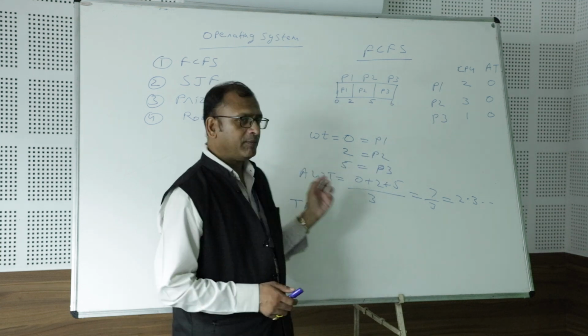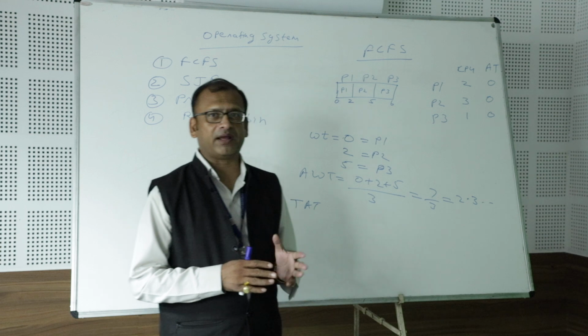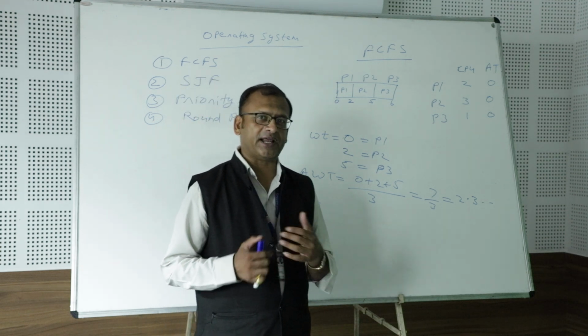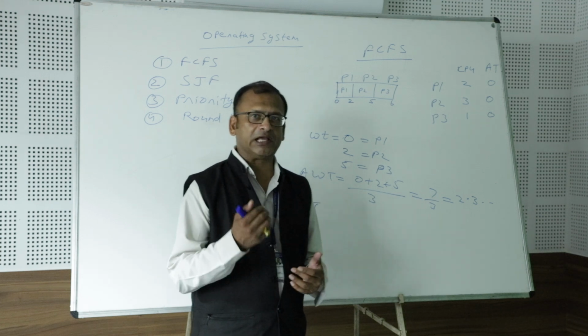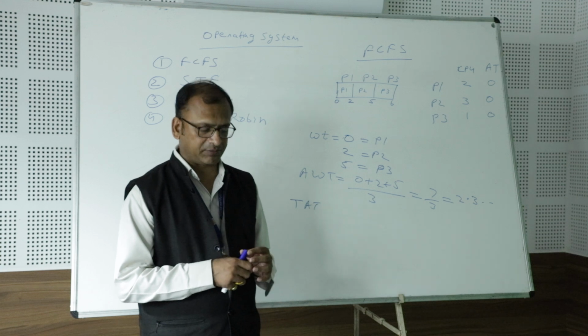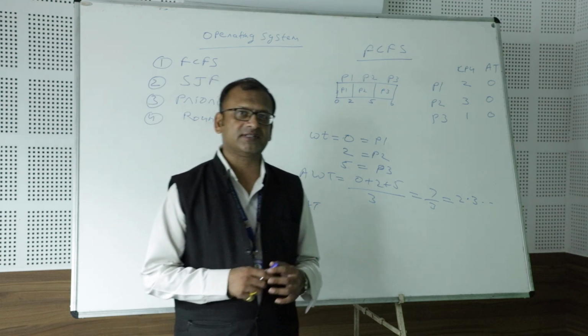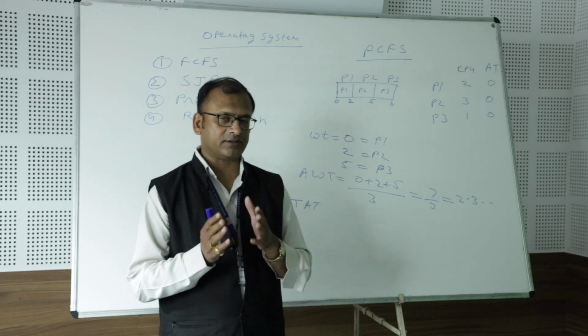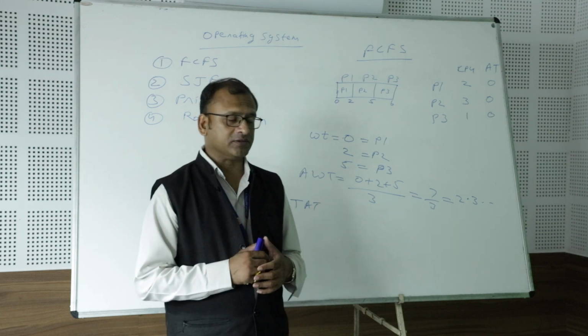So now we will be calculating the waiting time and the turnaround time for all these scheduling algorithms, and we will be trying to find out which scheduling algorithm gives us the least waiting time and least turnaround time. Basically waiting time is the time which any process spends while waiting for the CPU inside the ready queue.